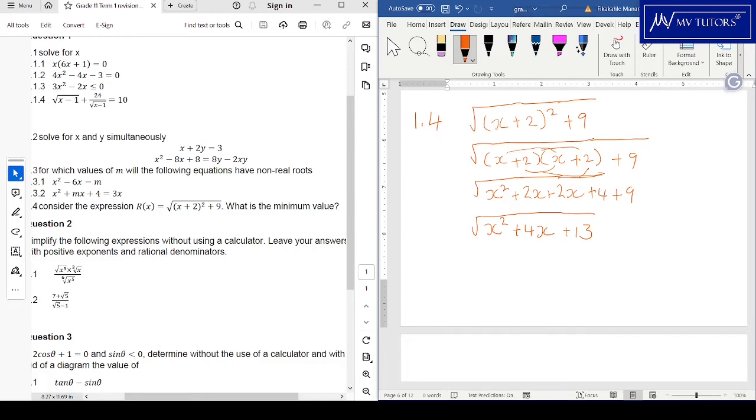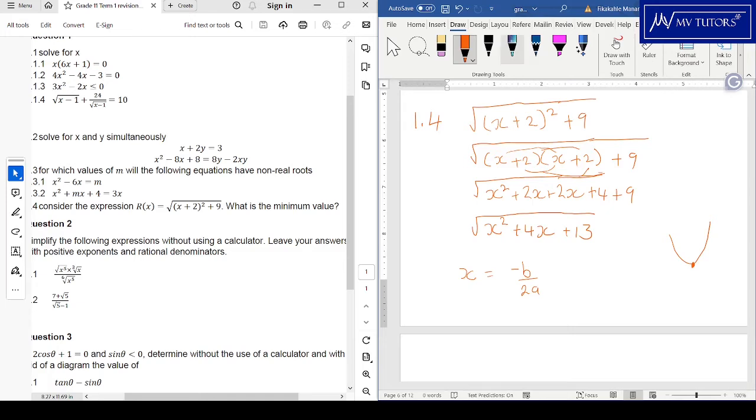So this is a quadratic graph. It looks like that, right? And we know it's at its minimum, at its turning point right there. So to get the x value of the turning point, we know it's minus b over 2a.